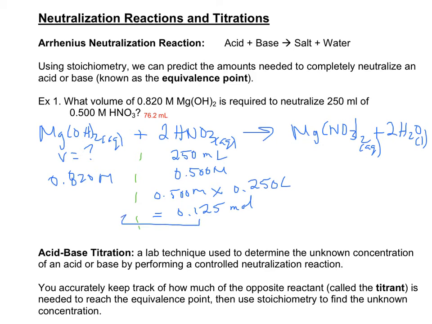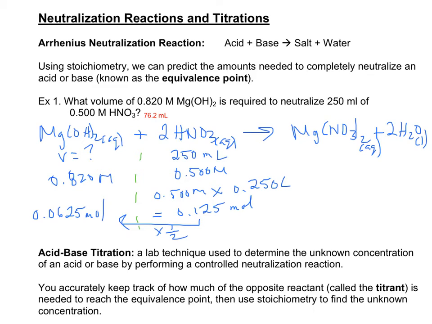If I convert that into magnesium hydroxide, I have to times by a 1 over 2 mole ratio. That gives me 0.0625 moles of Mg(OH)2.